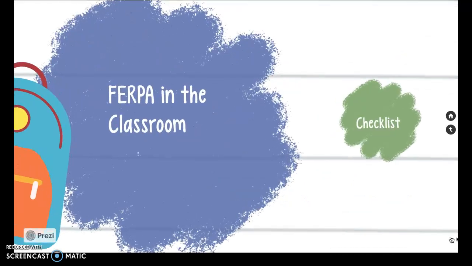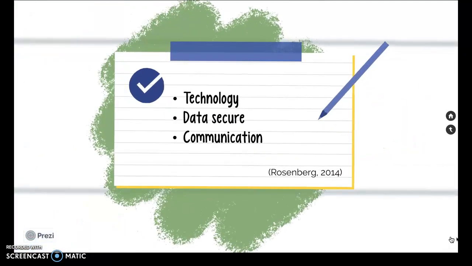And then you, as a teacher, what you need to remember and keep in mind with FERPA: because our world has become increasingly digital, with access to the internet, it is very important that any type of technology or website that we use in the classroom is not asking for information of a child that is out of the bounds of FERPA.